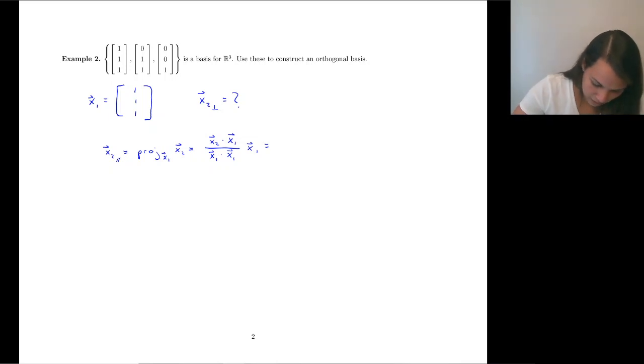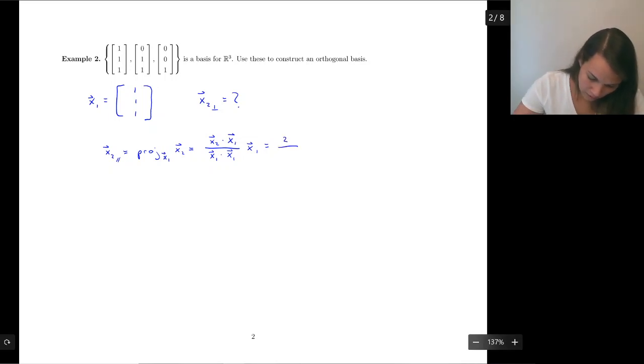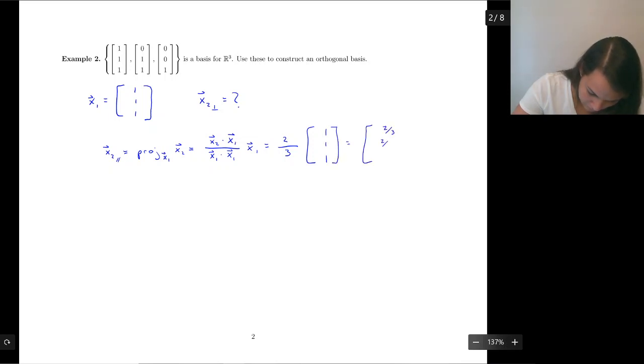So that's 2 up top and 3 on the bottom, and x1 is (1, 1, 1). So just a 2/3 vector.